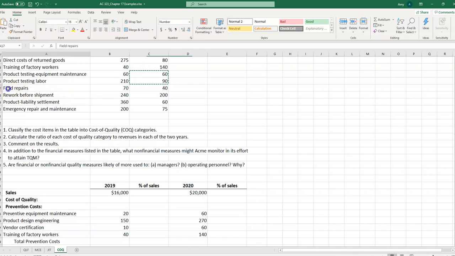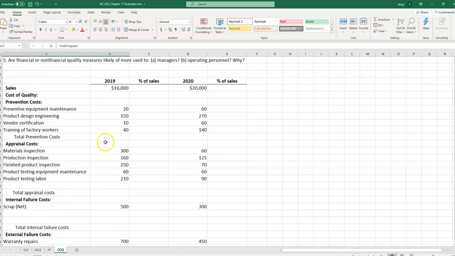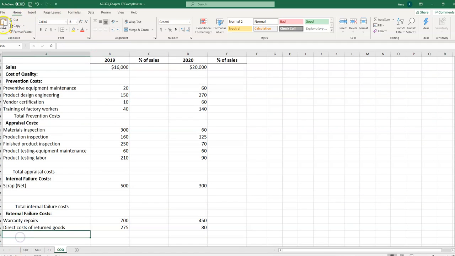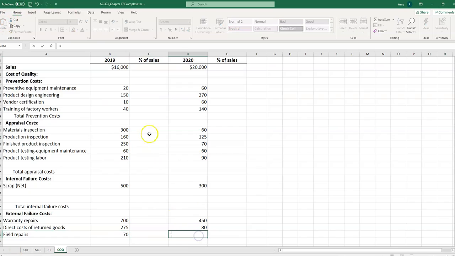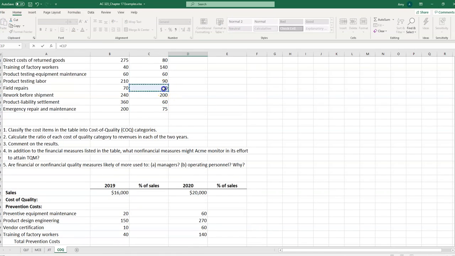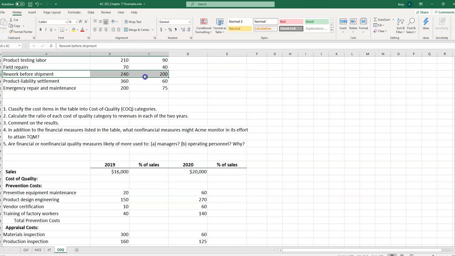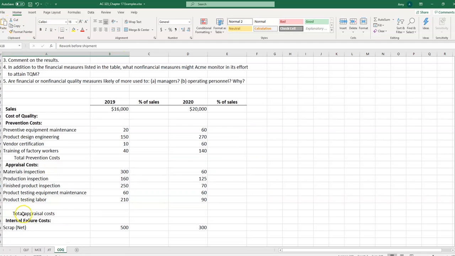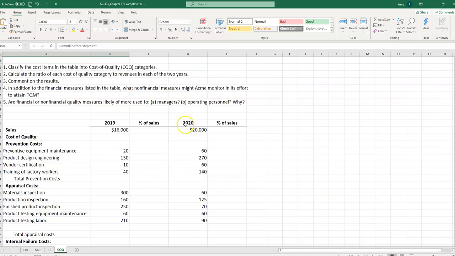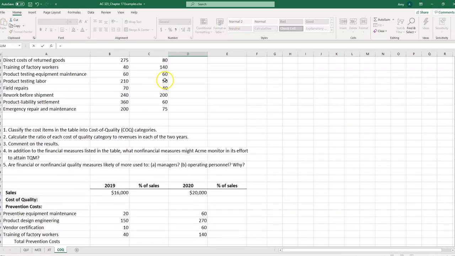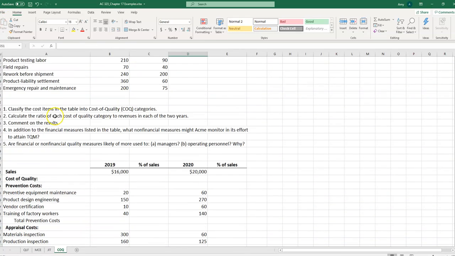Field repairs, that means that the customer already has it and we go to their location to repair it. So that is an external failure cost. Rework before shipment is internal. We found the quality issues before it left for the customer, but it still had a production issue, so we failed.